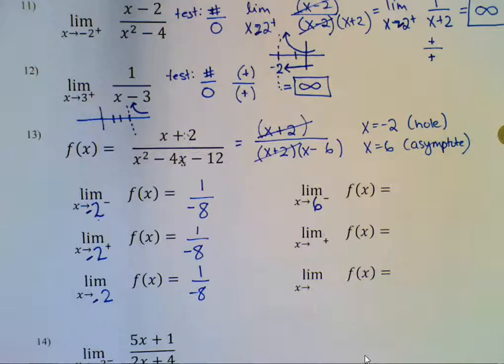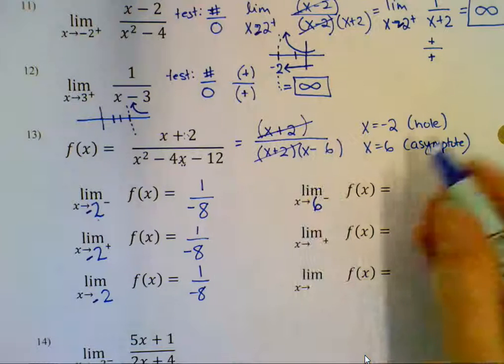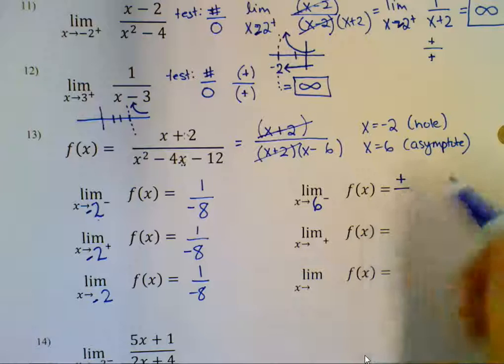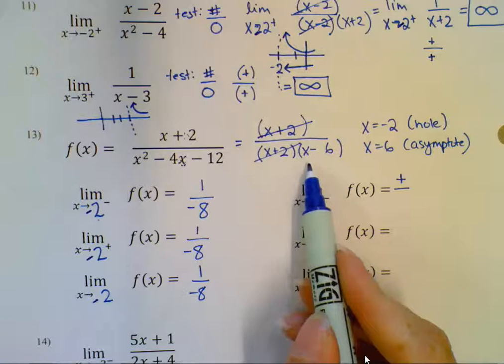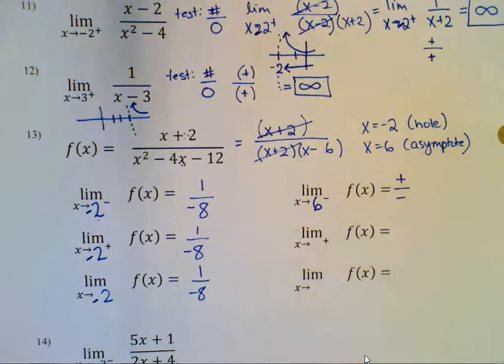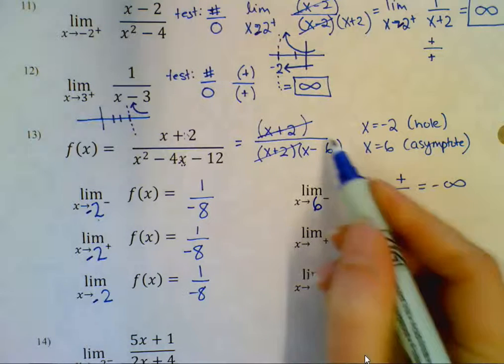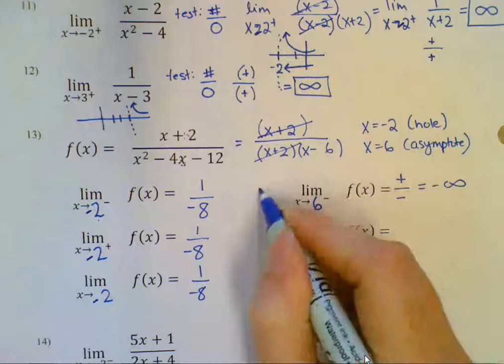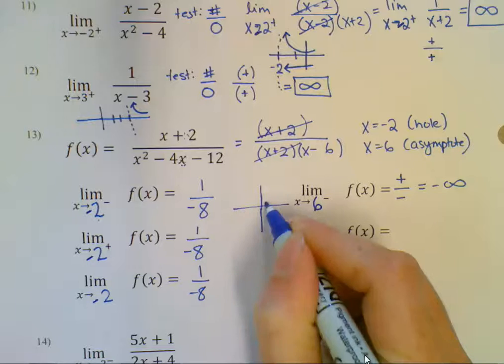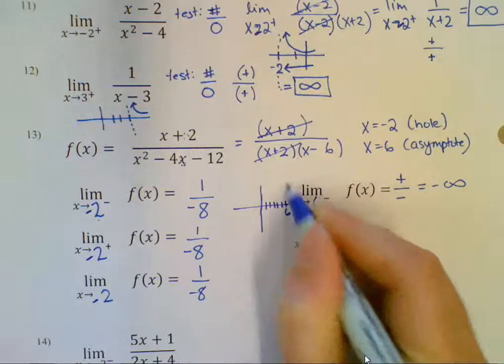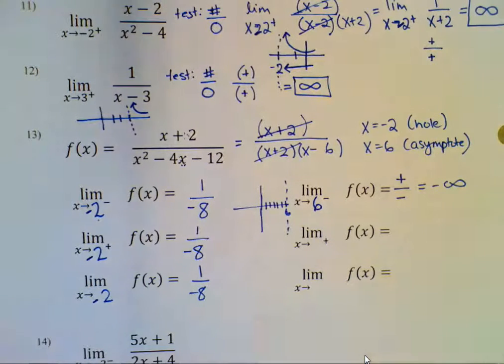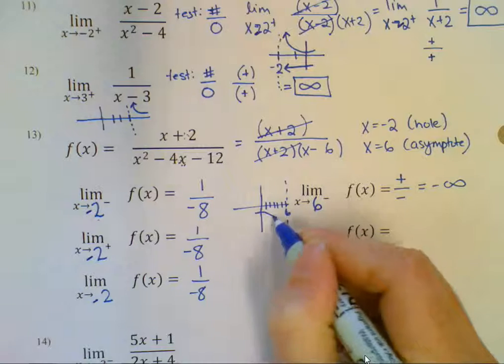So if we were to plug 5 into this, we end up with a positive number. If we plug 5 into this, what do we get on the bottom? Negative number. So what do you think we're approaching, guys? Negative infinity. Very good. And again, if you thought about this logically, this graph, 1 over x minus 6, you know at 6 there is a vertical asymptote, and as you are coming from the left, you know that your graph looks like that.